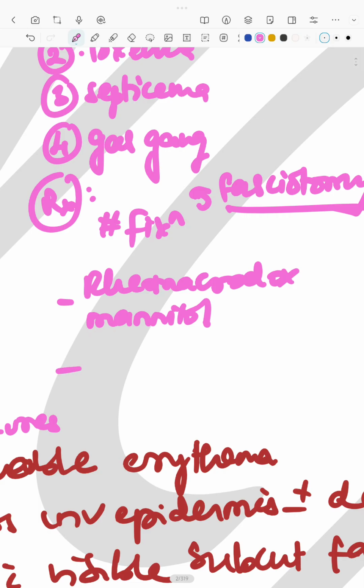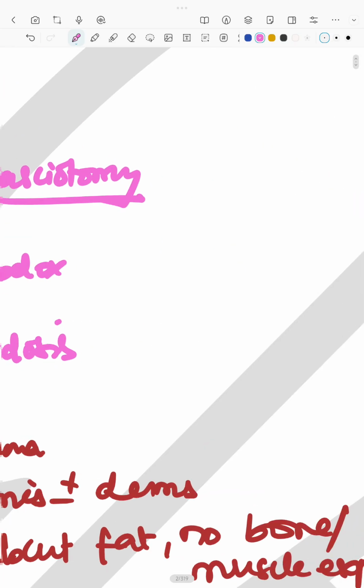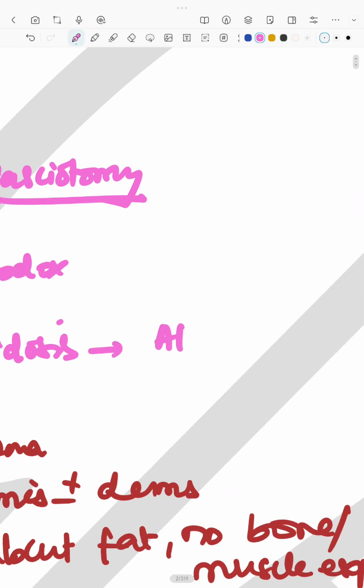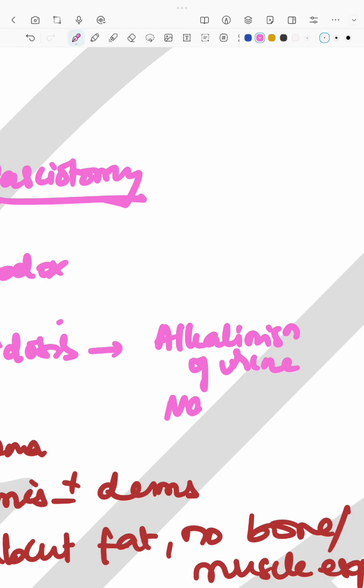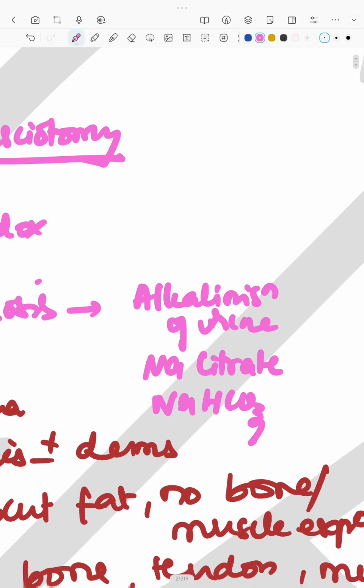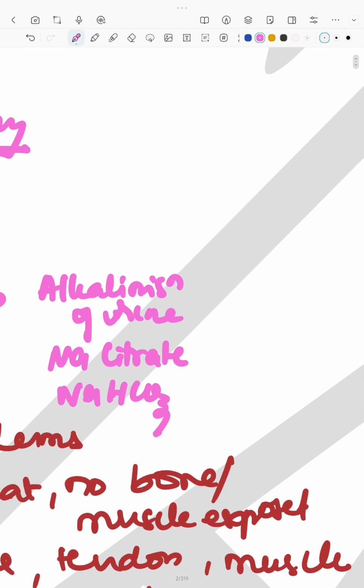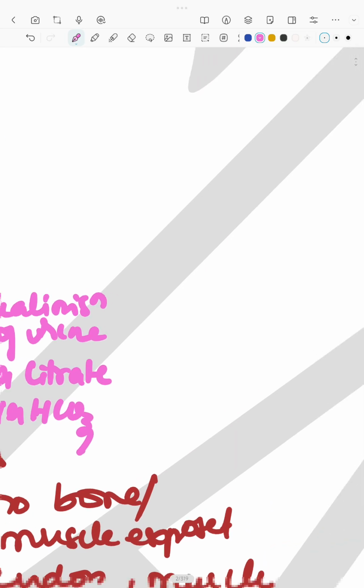There will be urine acidosis, so to prevent this, alkalinization of the urine is done with sodium citrate or sodium bicarbonate.